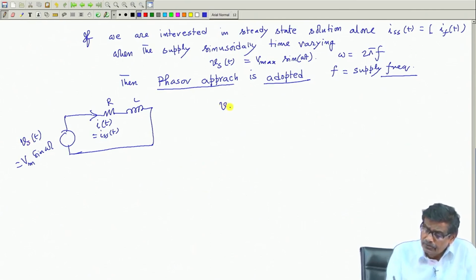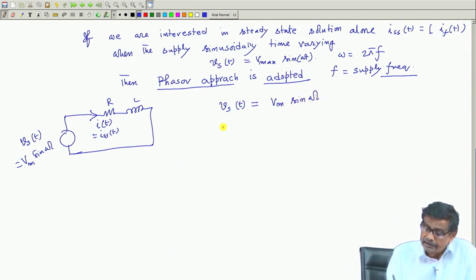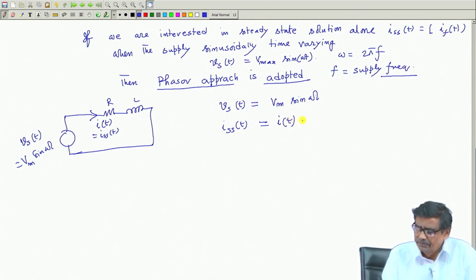Therefore, I have solved the differential equation and I have come to this conclusion that this is your supply voltage and then your steady state current, which I will call i of t only, is Vm divided by Z into sin omega t minus theta.